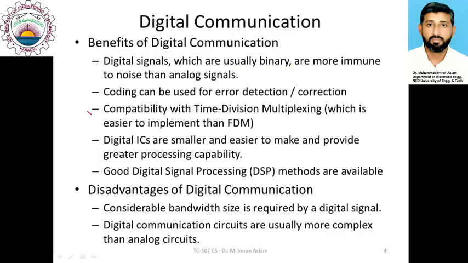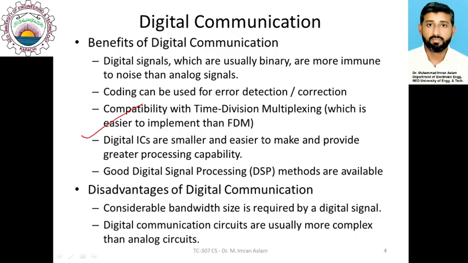Digital systems are more compatible to time division multiplexing, which is actually easier to implement than the frequency division multiplexing, which is commonly used in analog systems. So the multiplexing that we incorporate in digital systems is easier as compared to the analog systems. Digital ICs are very small and easier to make.